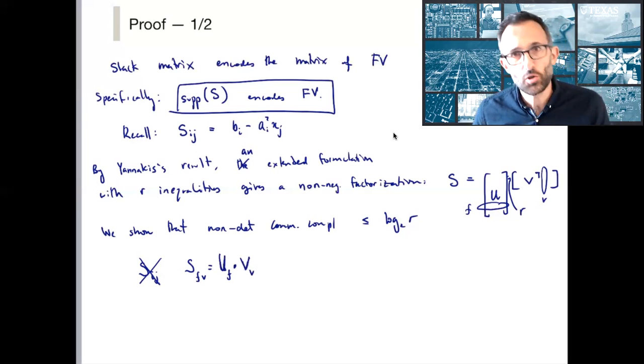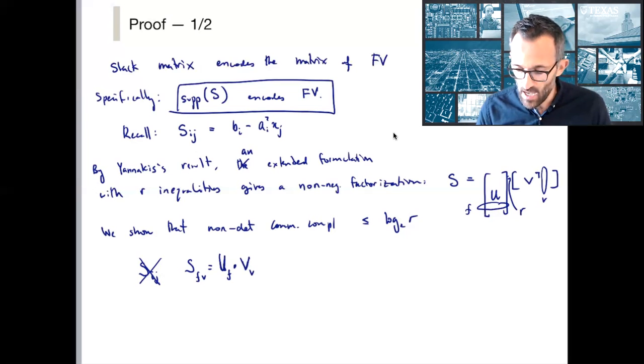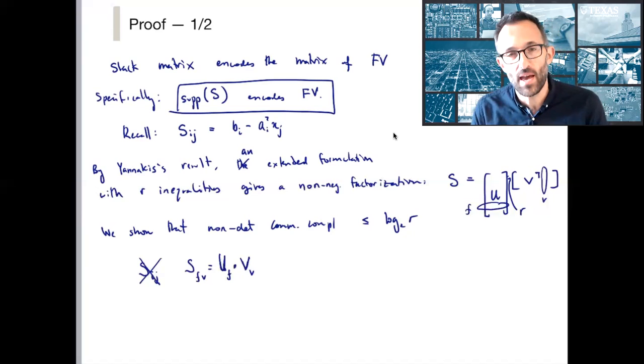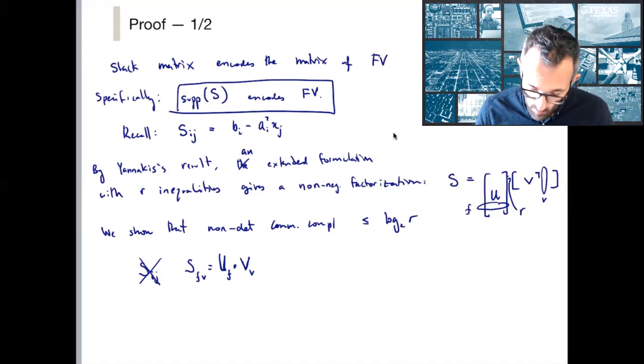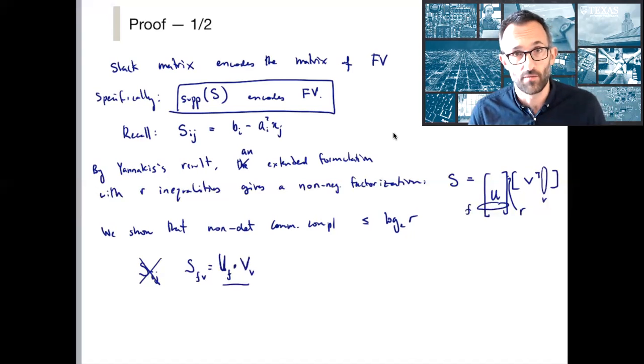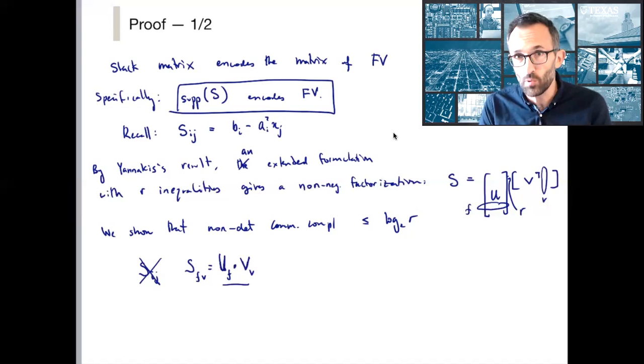Now, by virtue of the fact that we have a non-negative matrix factorization, we can ask, when is the fv element of the support of the slack matrix S non-zero? When will its support matrix have a 1 there? Well, that's when, of course, this is positive. But when is the dot product between two non-negative vectors strictly positive?